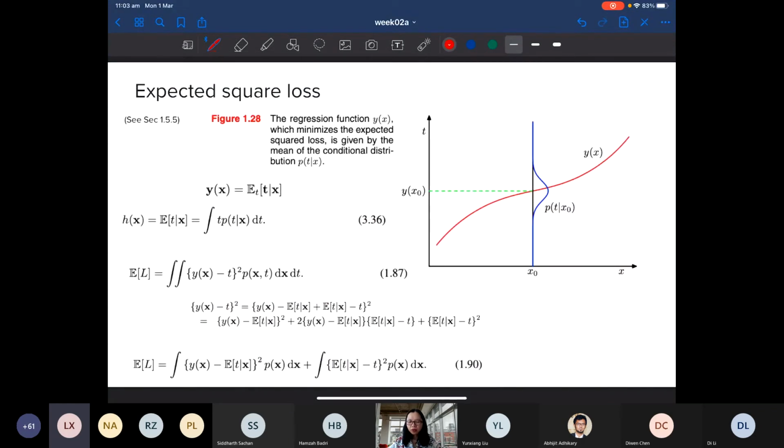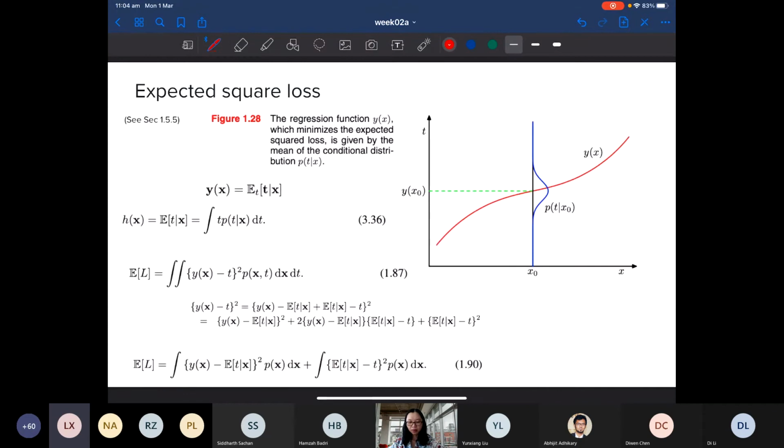Okay, going back to the familiar picture of this regression function and the estimate and the noise around it, right? The regression function y of x is minimized by taking the expected square loss. Basically, I wouldn't derive it.